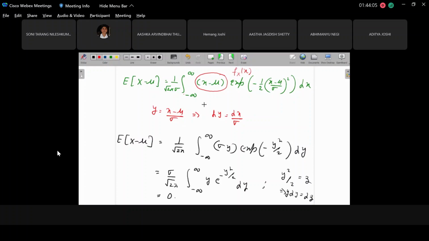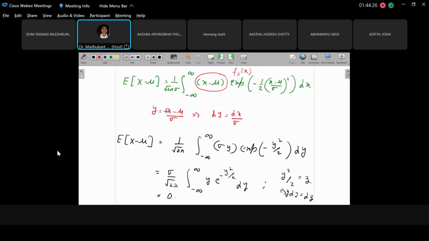Now you know how to solve this type of integral: we have to use the substitution method. The first substitution we will make is x minus mu by sigma, which we will substitute by y. Then see what the change will be. First, the upper limit and lower limit.